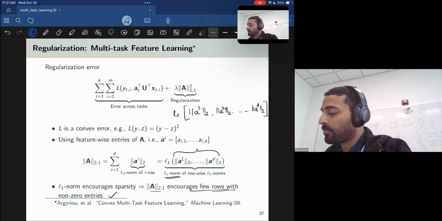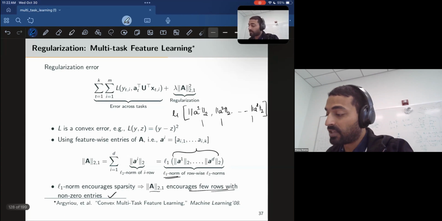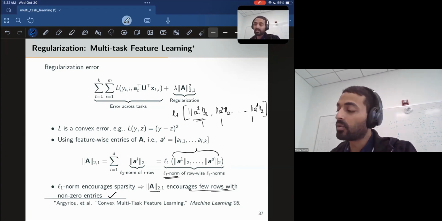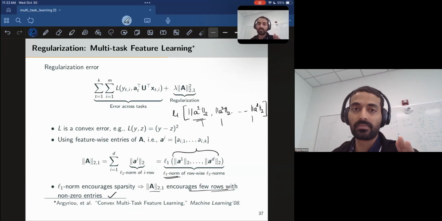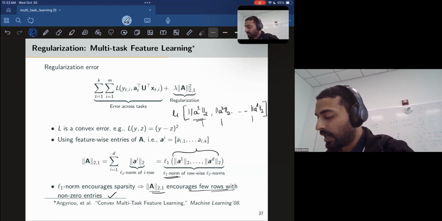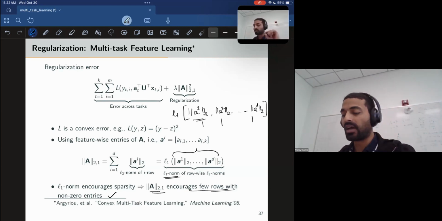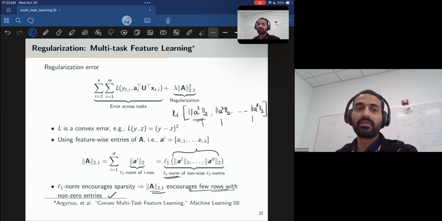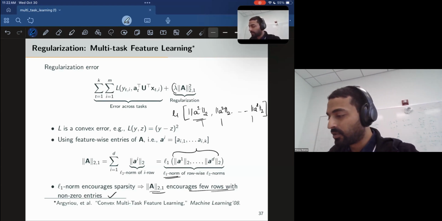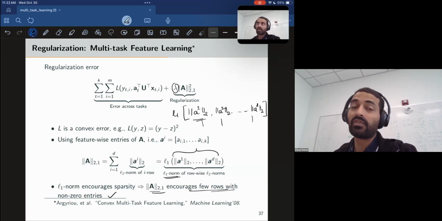So this will ensure that multiple of these entries are exactly zero. And because every entry is a norm, it can be exactly zero only if that entire row is zero, right? So that's what we get. This A_{2,1} norm encourages only a few rows to have non-zero entries. And that's how we'll get that n, the number of non-zero rows. It will depend on this parameter lambda and a number of things, but that's how we don't need to explicitly know what that n has to be.